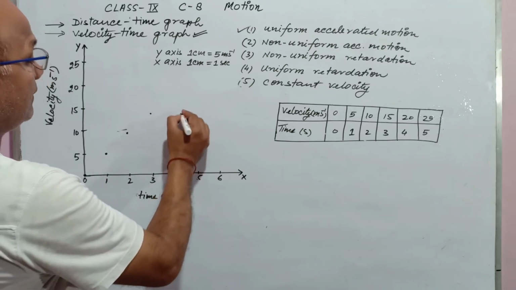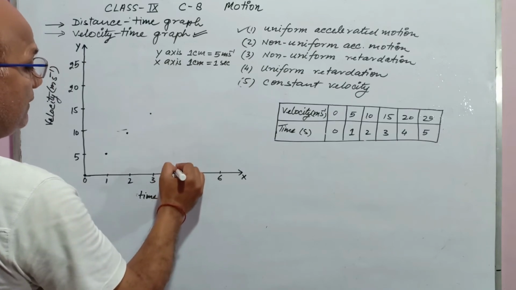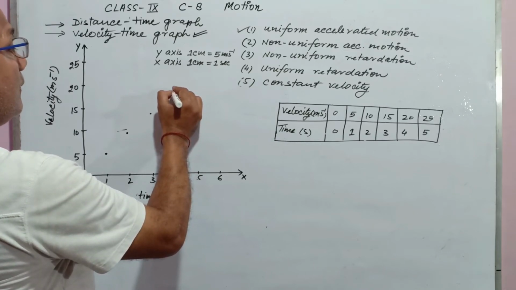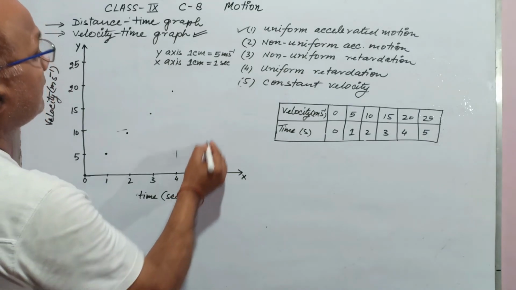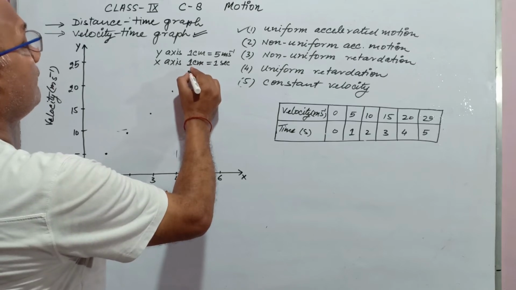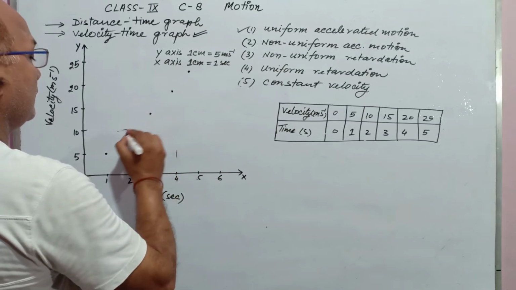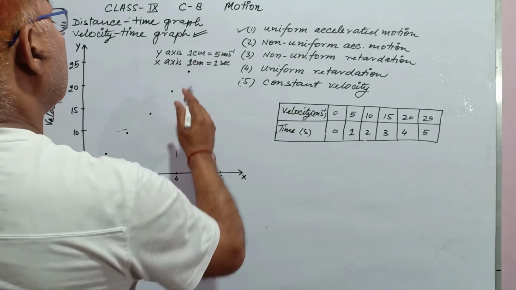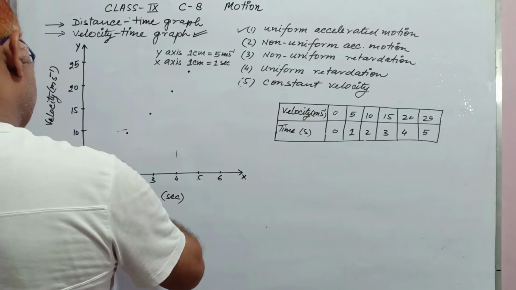At 4 seconds, 20 meters per second. At 5 seconds, 25 meters per second. And now we will join all these points by pencil.